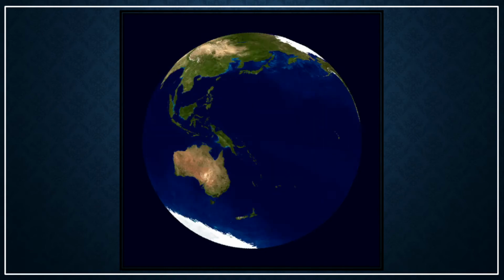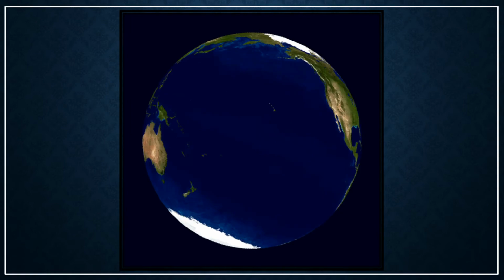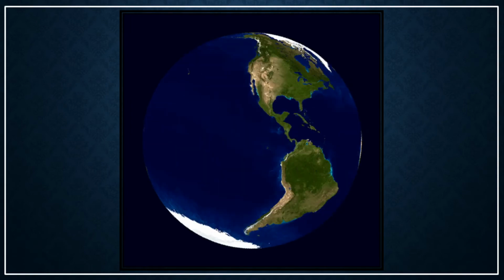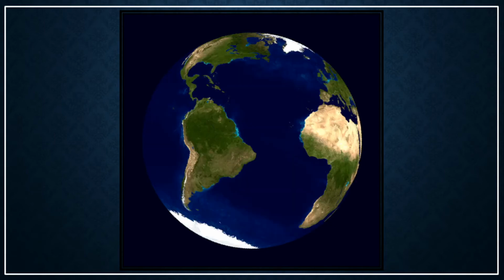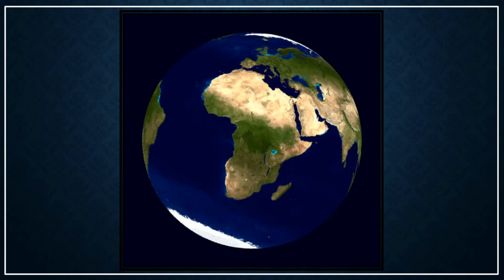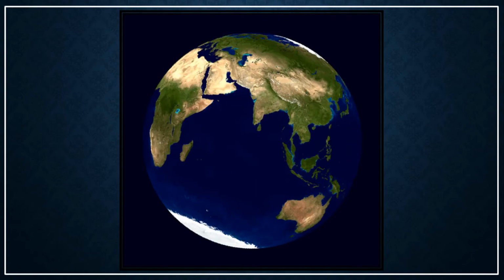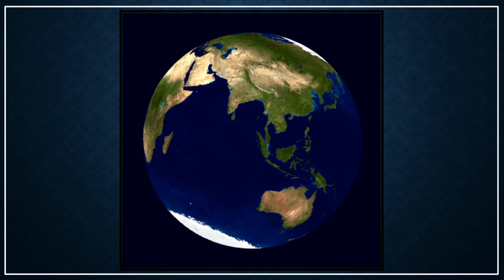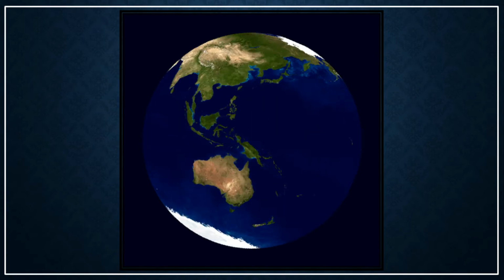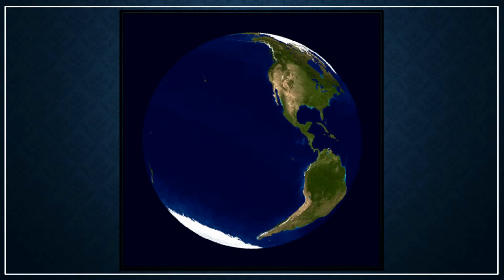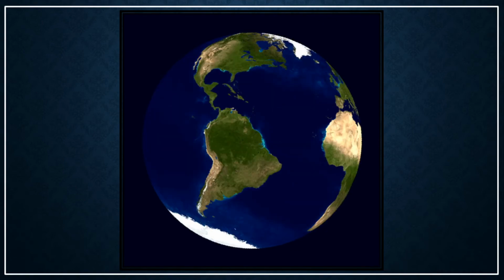Coriolis force deflects the ocean currents in a clockwise direction in the northern hemisphere and in an anti-clockwise direction in the southern hemisphere. That means all ocean currents will move towards the right in the northern hemisphere and towards the left in the southern hemisphere.